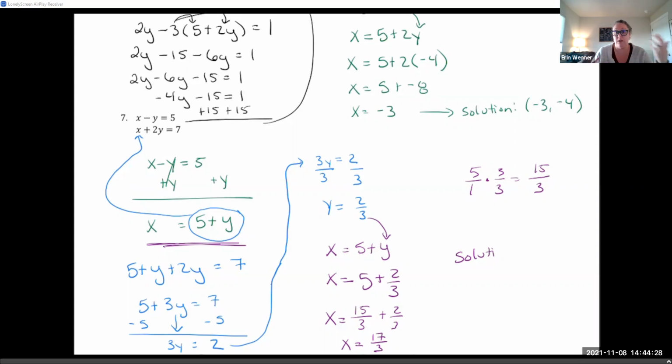I'm just creating an equivalent fraction. So that's how I get the 15 thirds. So once I have the 15 thirds, then I can add 2 thirds to it, giving me 17 thirds. So then my solution is 17 thirds, comma 2 thirds. Because again, we're adding, right? Not multiplying.